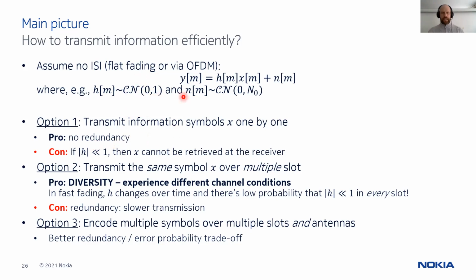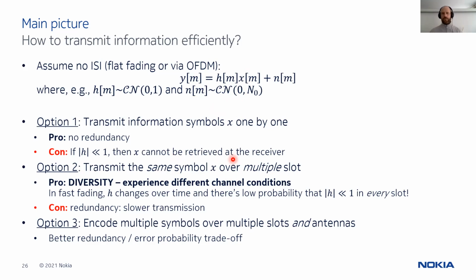So the problem is that if the amplitude of h is small, then the noise will prevail and x cannot be retrieved at the receiver, as simple as that. So option 2: you can transmit the same symbol x over multiple slots, or antennas, you will see, but let's say over multiple channels, such that the same x experiences different channel conditions.